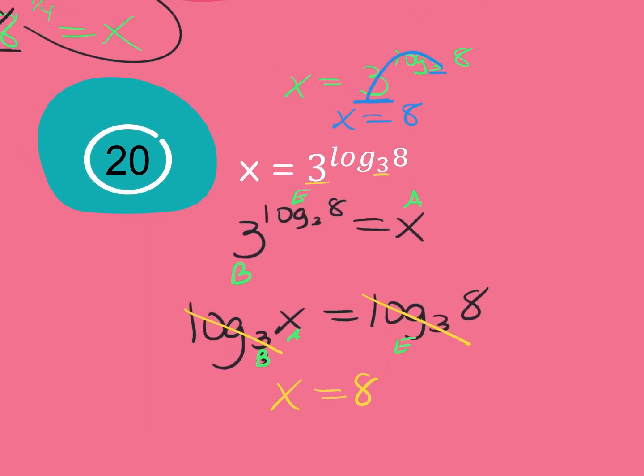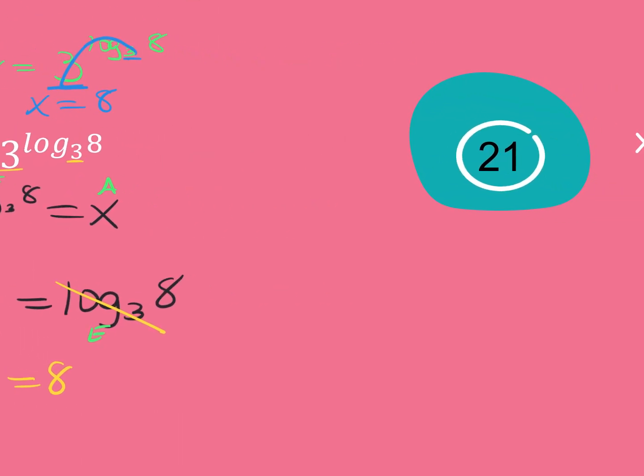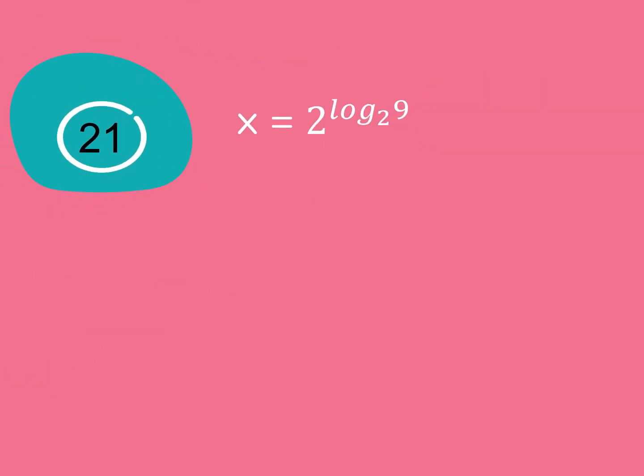Let's try number 21. Same thing. So again, if you recognize that this base and this base were the same, it'll go right to x equals 9. If not, we can also turn this into log form. So again, this is the base of the exponent.